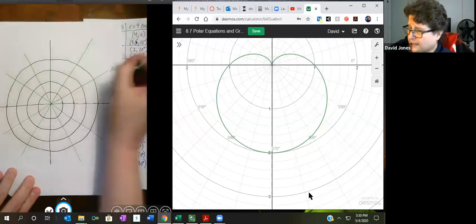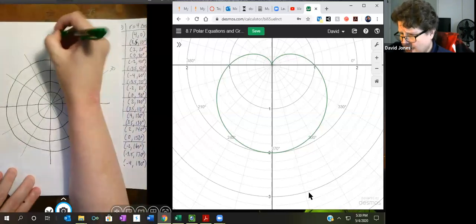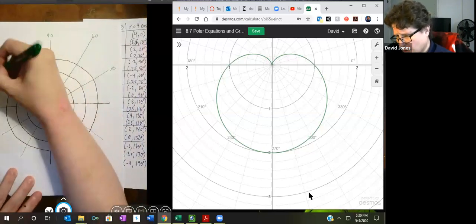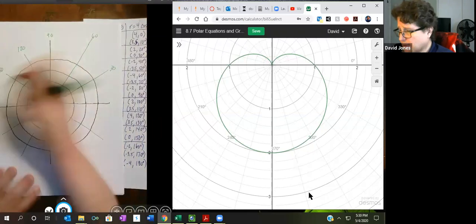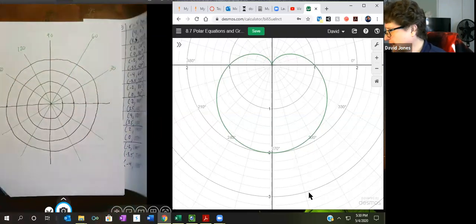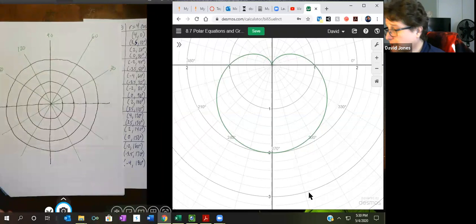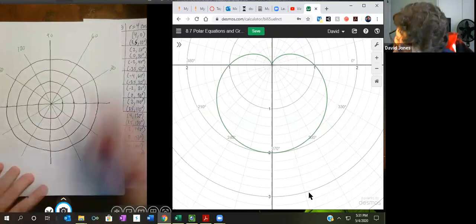So 30, 60, 90, 120, 150, 180. And then I'm going to use red lines just so I can see where the 10 degree marks are. A little bit easier.